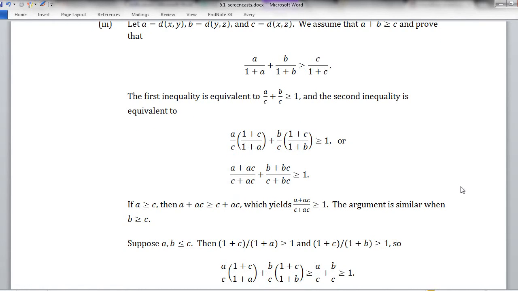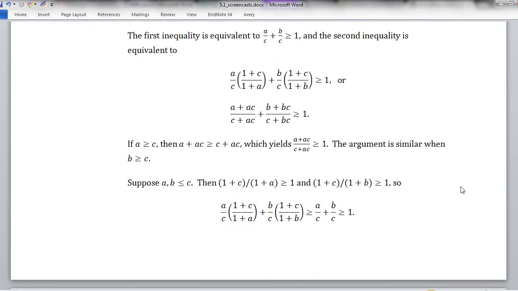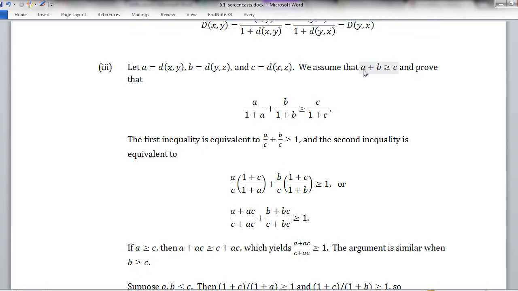Now I need to break this up into a couple of cases. First of all, suppose that a is greater than or equal to c. We know that a plus b is greater than or equal to c, but maybe we don't even need b. Maybe a already does it by itself. Then in that case, just add a plus c to both sides of this inequality. Everything here is greater than or equal to 0, and I'm assuming that c is non-zero, so I can divide both sides by the right side, and I get this.